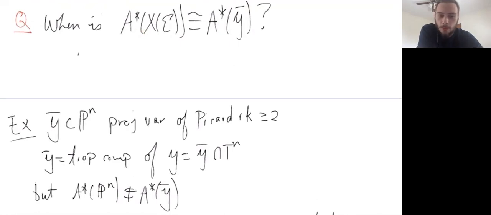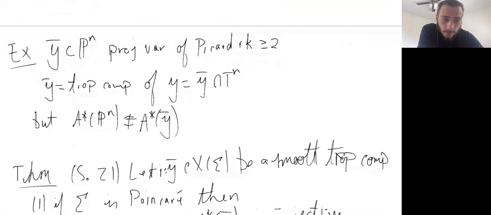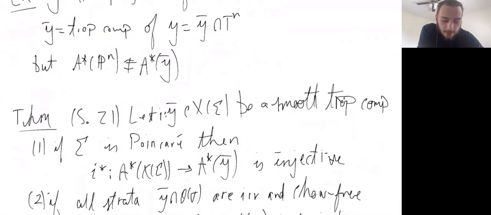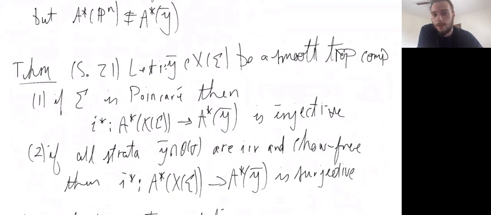And what I'm going to do now is give a criterion for these Chow rings to be the same, and the criterion is basically exactly what I wrote in the case of the complement of a hyperplane arrangement.